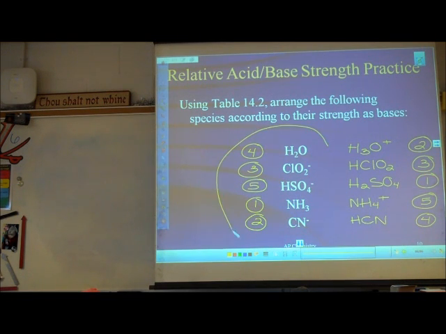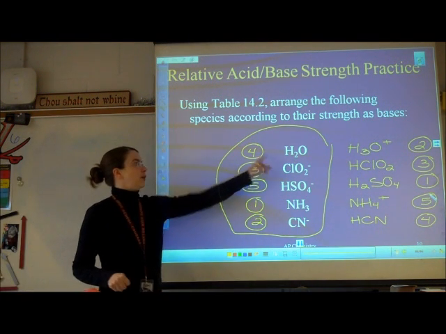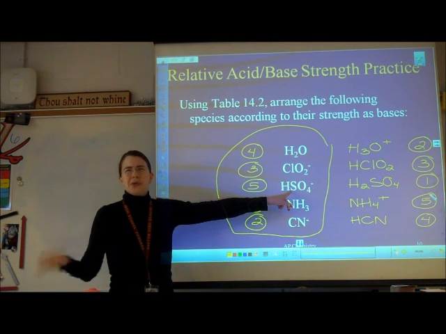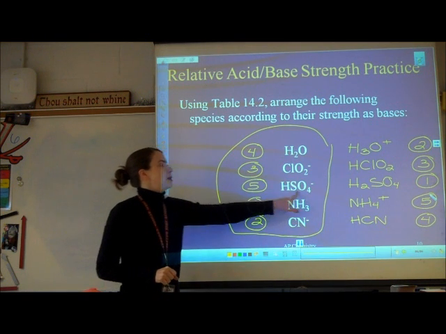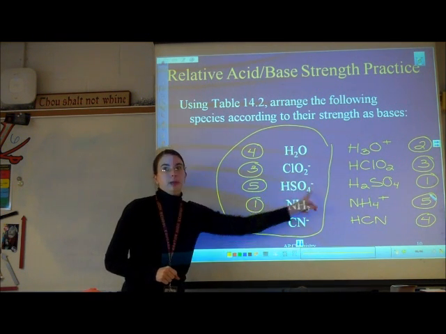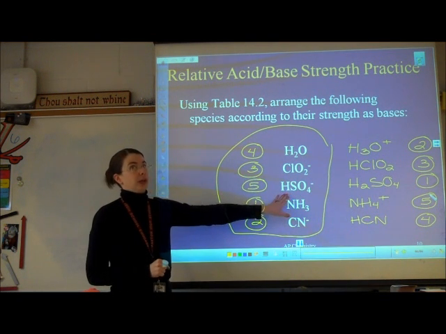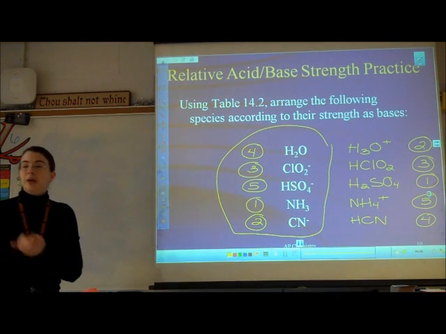This answers the question right there. Now I know it seems weird to think about the fact that water could be a stronger base than something, because you think water's so neutral. How could that be? But it just means this is an incredibly weak base. If it's weaker than water, it must be really weak. That is where I'm going to stop.